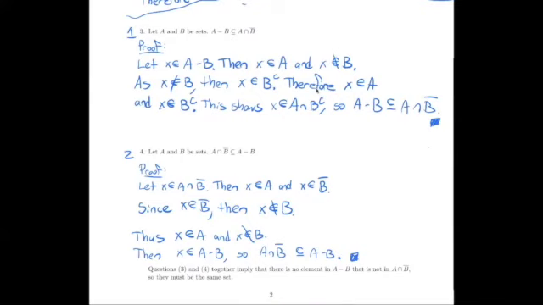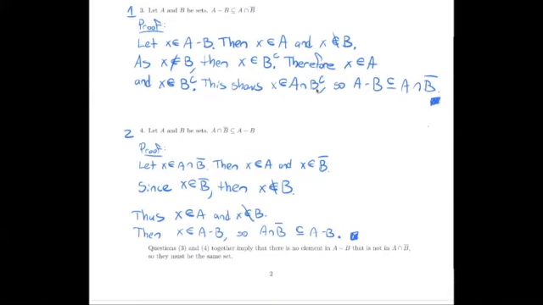So by 3 and 4, we just proved that A minus B is actually equal to the set A intersect B complement. So next time we'll be working more with these sorts of sets. We'll be proving sets are equal to each other, and you can think about that as a biconditional proof. So we're going to need to prove both directions of that.